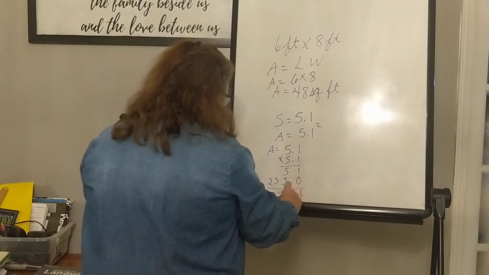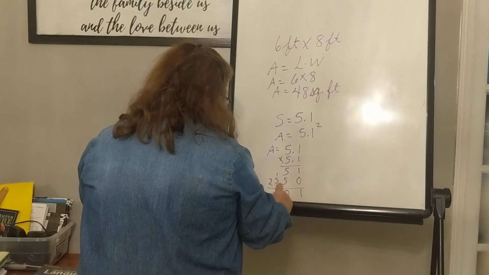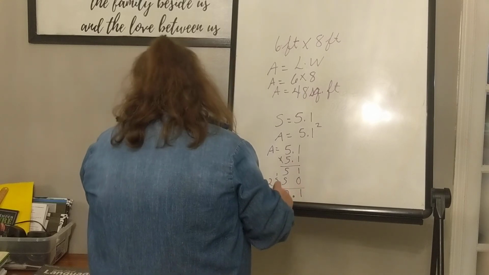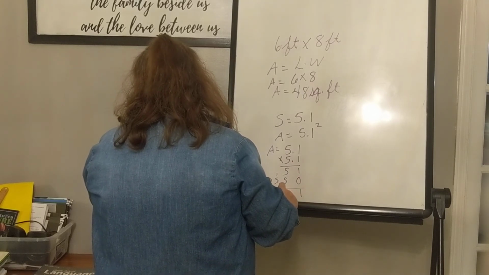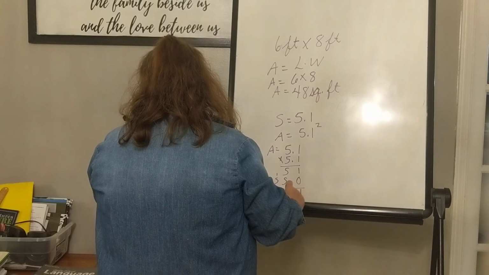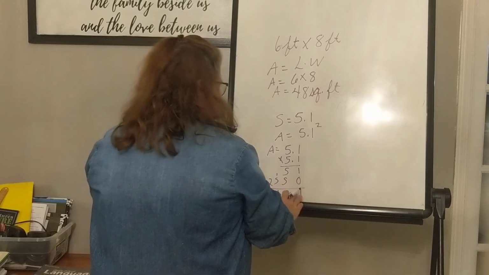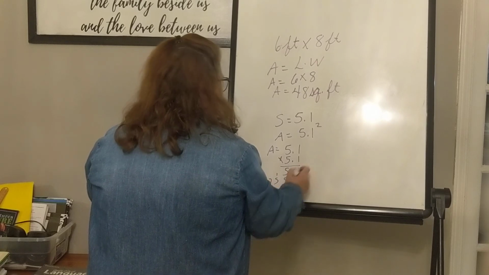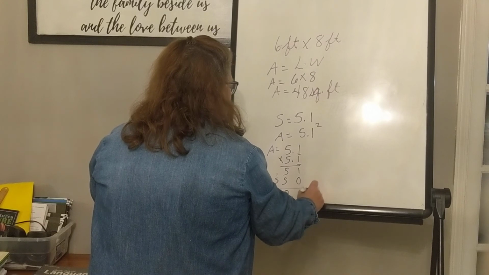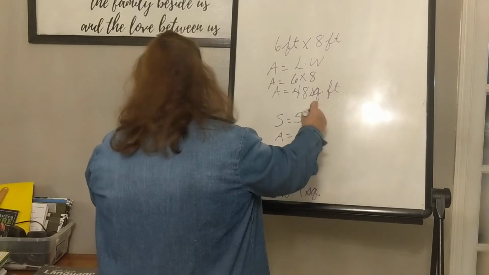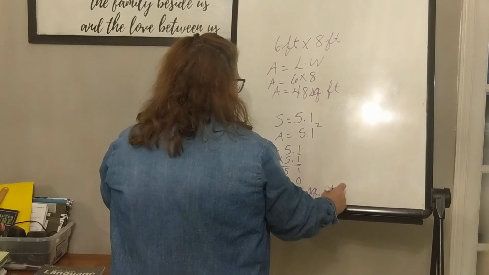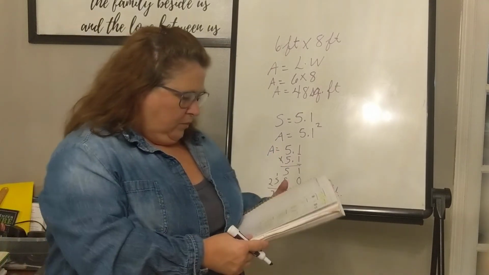Add our partial products. 10, 6, 1 decimal point. So our area is 260. Oh no, I'm sorry. 26.01. We had 2 decimal places. 26.01 square feet, okay?